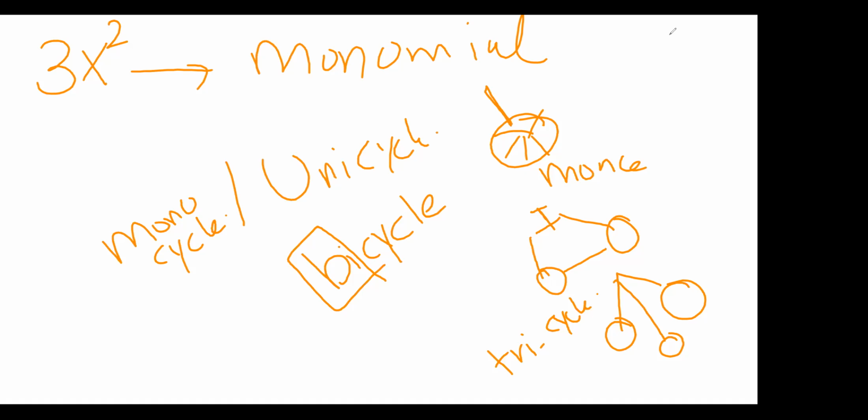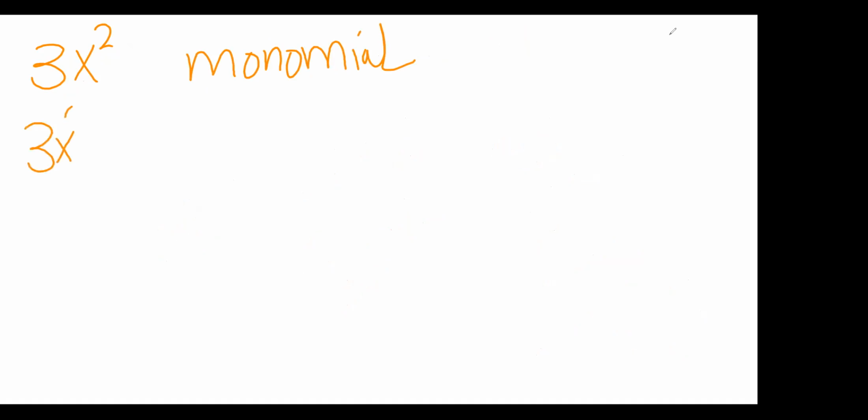Here also we have the same. If we have only one variable, I say it is a monomial. If we have two variables that can be added, let's make an example like this: 3x squared plus 8y squared.